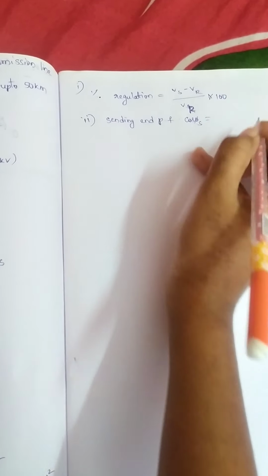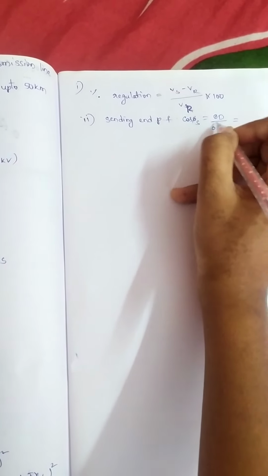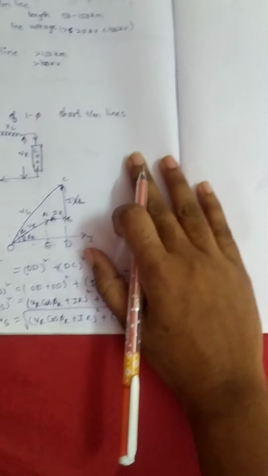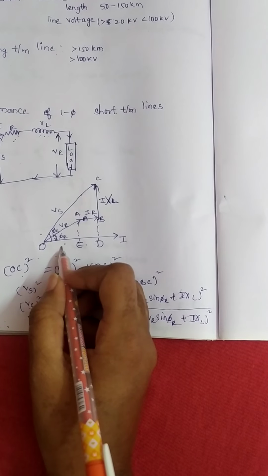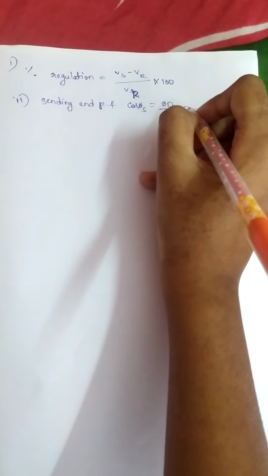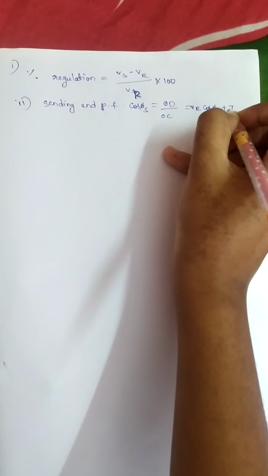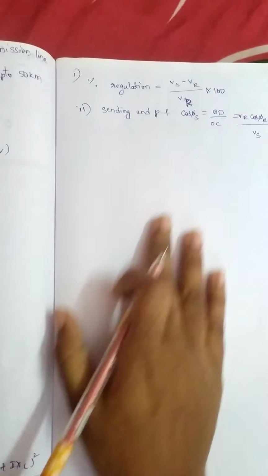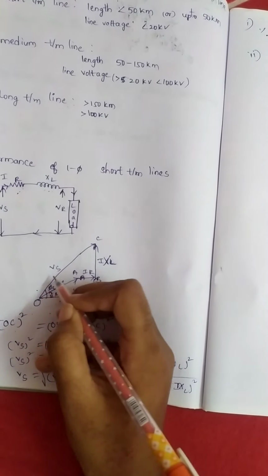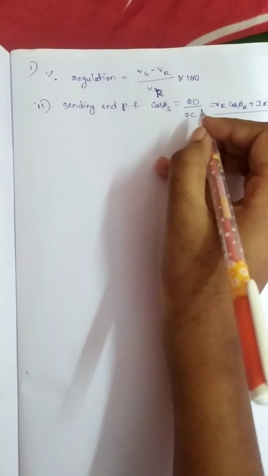Cos φs is equal to OD by OC. OD represents VR cos φr plus IR, divided by OC, which represents Vs, the sending end voltage. So we can write like this.